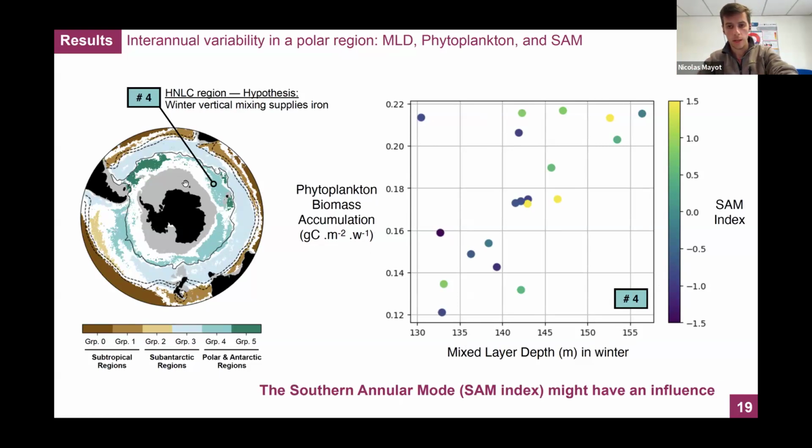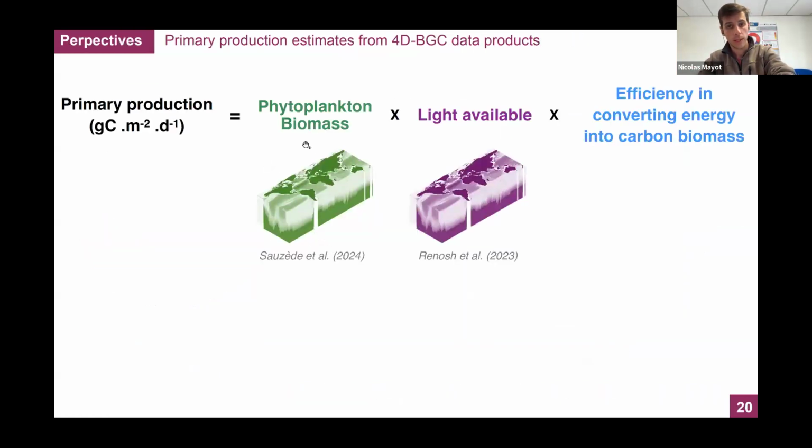To finish quickly and leave some time for questions, I'm just showing you some perspectives of this work. We would like to apply a primary production model to this 4D data set to translate this information on the phytoplankton biomass into grams of carbon per meter square per day, so production, also using a 4D data set of light.